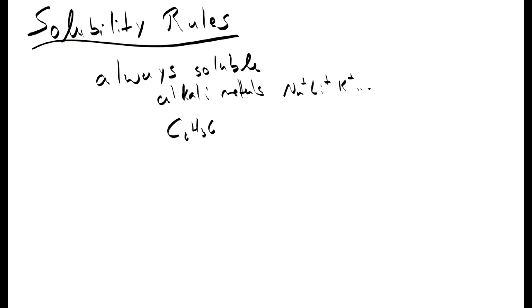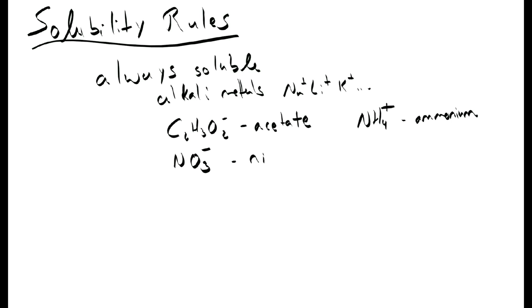So C2H3O2 1-, that's the acetate anion. Also NH4+, that's ammonium. And then we have nitrate, NO3 1-. And chlorate, ClO3 1-. Okay, so those are always soluble. You see one of those in a salt, it will always dissolve in large quantities before it hits saturation.